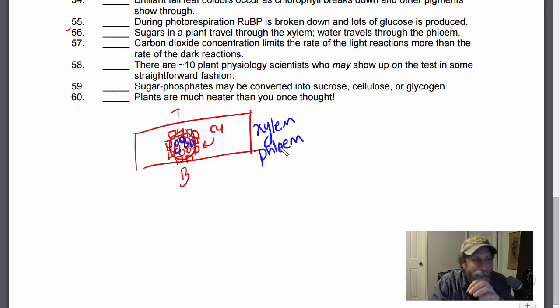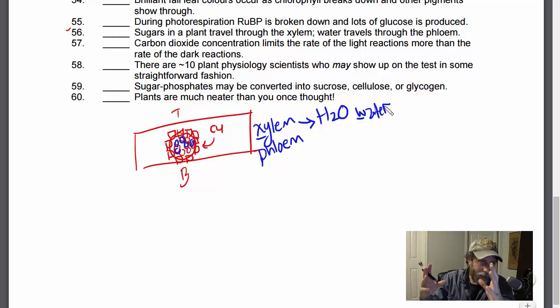The way I like to remember it is that xylem generally carries water and stuff dissolved in water. I should have probably written the word water, because W is very close to X in the alphabet. So think of xylem as like veins. They carry water throughout the whole plant. These are the blood vessels, essentially, the vascular tubes of the plant.